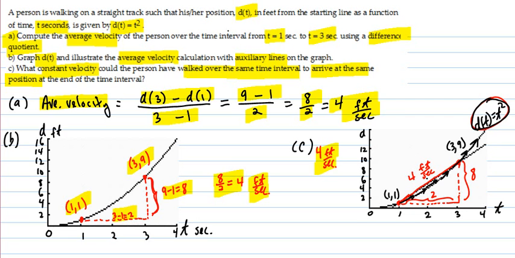Whereas if you just went on the straight line from here to here, as far as the graph, the straight line graph, 4 feet per second, you would arrive at 3, 9 at the same time as if you followed the t² graph. Of course, after that, if you kept on going 4 feet per second constant, you would be left behind the t² distance graph as it started increasing even more.